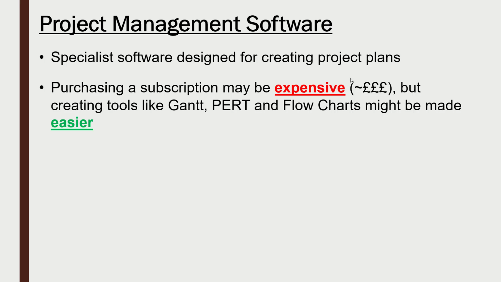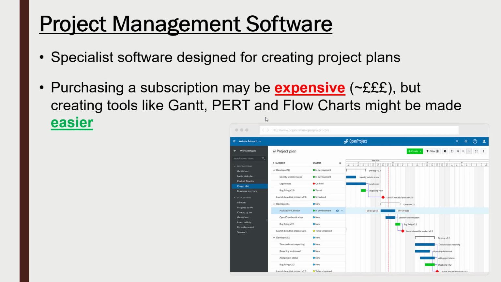So it could well be in the thousands of pounds to buy a license to use this really specialized software. But in theory, you're paying to make your life easier, because they're quite good at making some of the slightly harder tools like Gantt charts, PERT charts, flow charts, which can be quite awkward to make using non-specialist software.